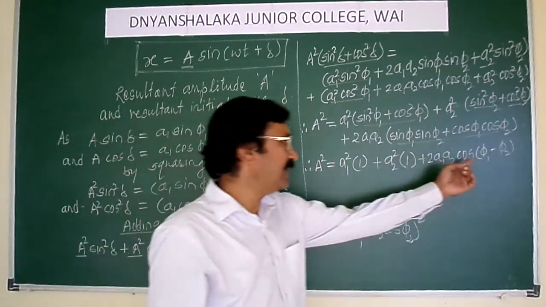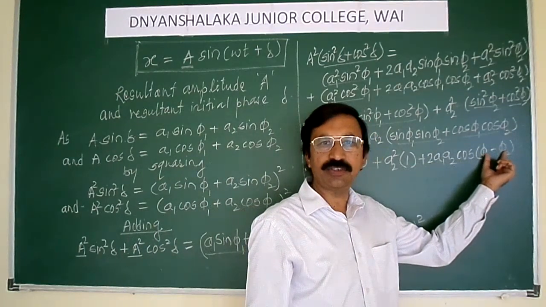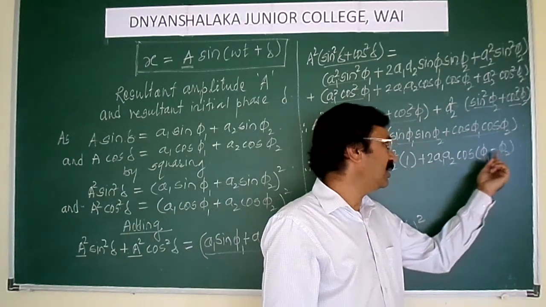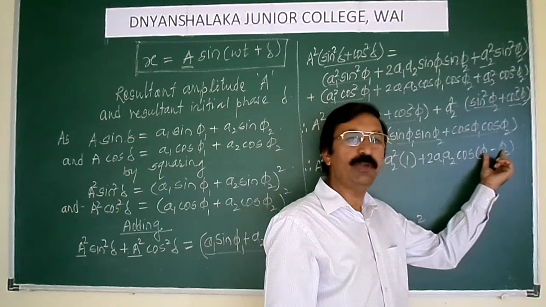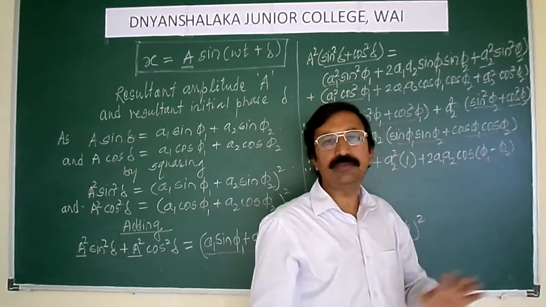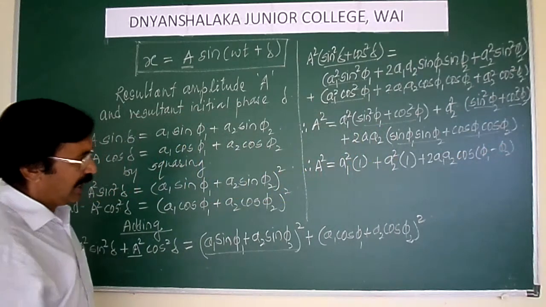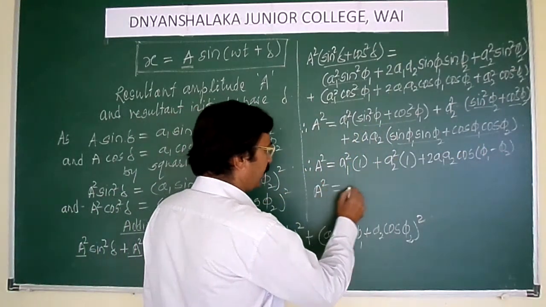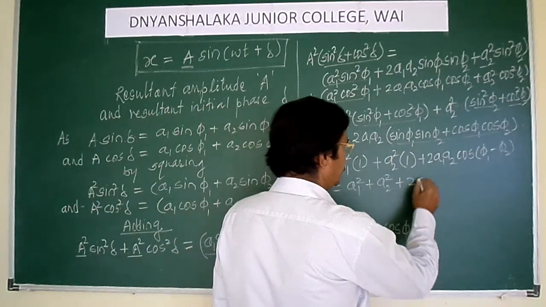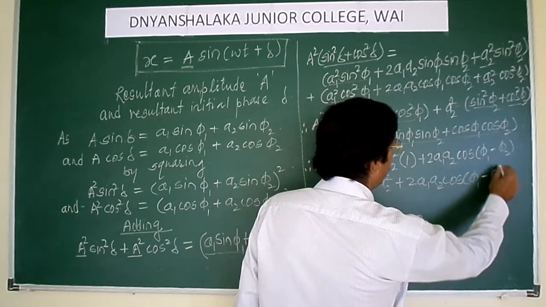If phi 1 is greater than phi 2, then the angle will be positive. If phi 1 is smaller than phi 2, then phi 1 minus phi 2 will be negative, but cos of minus theta is cos of theta. So which angle is bigger is immaterial. And so over here A square becomes equal to A1 square plus A2 square plus twice A1 A2 cos of phi 1 minus phi 2.